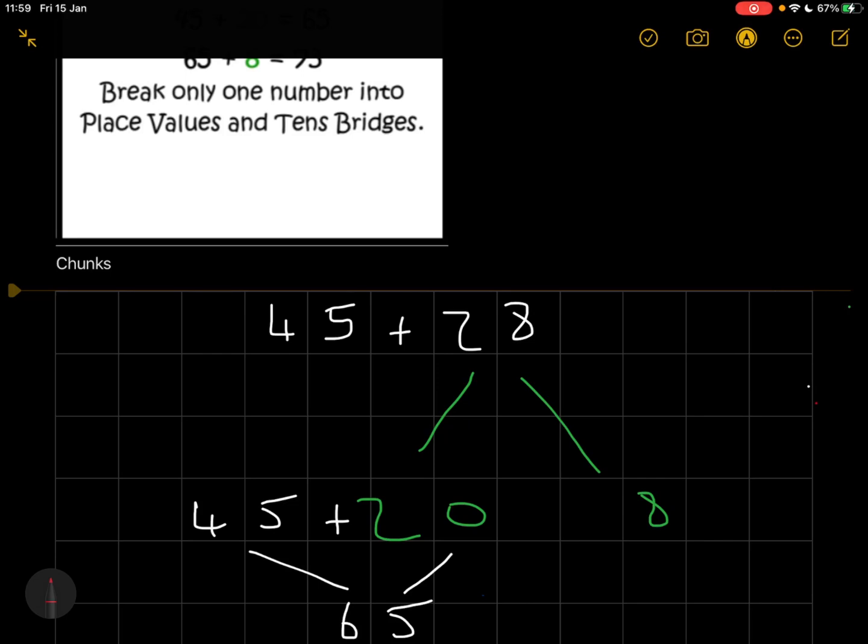And then once I have 65, if I find adding 8 a bit tricky, I can break that apart into 5 and 3, because 65 add 5 is easy, that gets me to 70, and then 70 add 3.